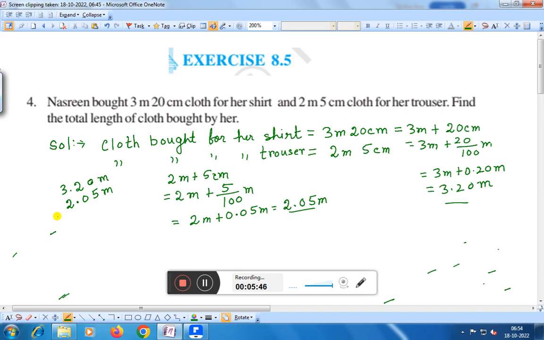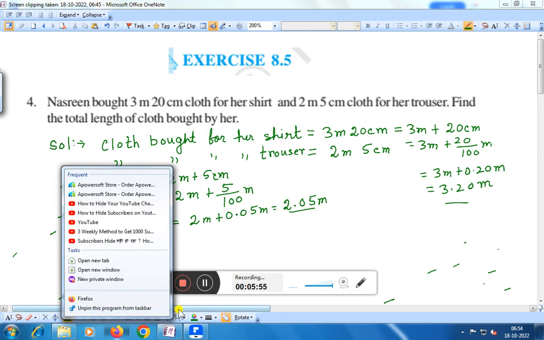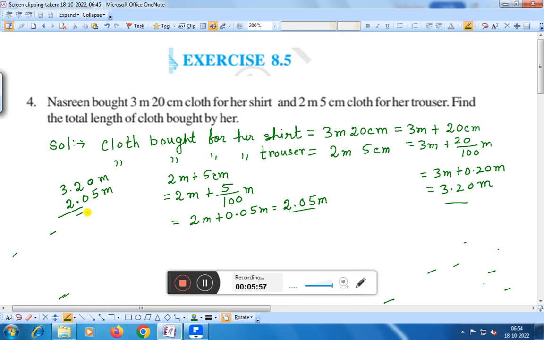If you add the numbers, what are you getting? 3 plus 2 is 5, and we get 5.25 meter.